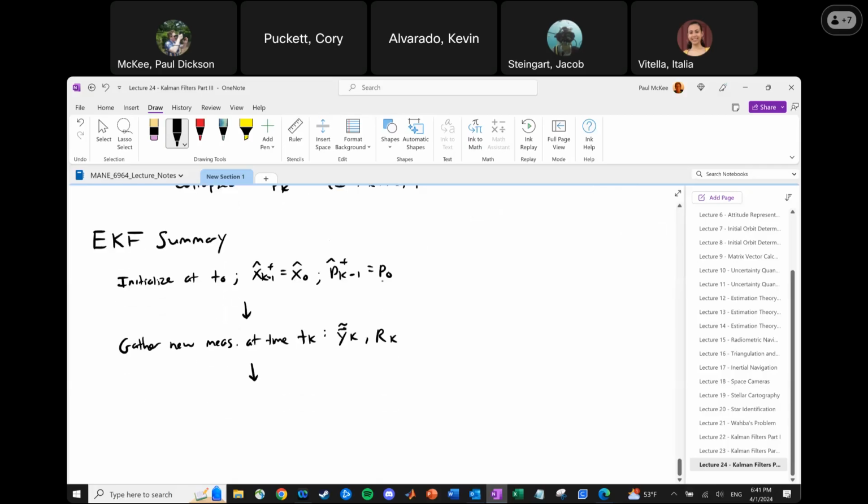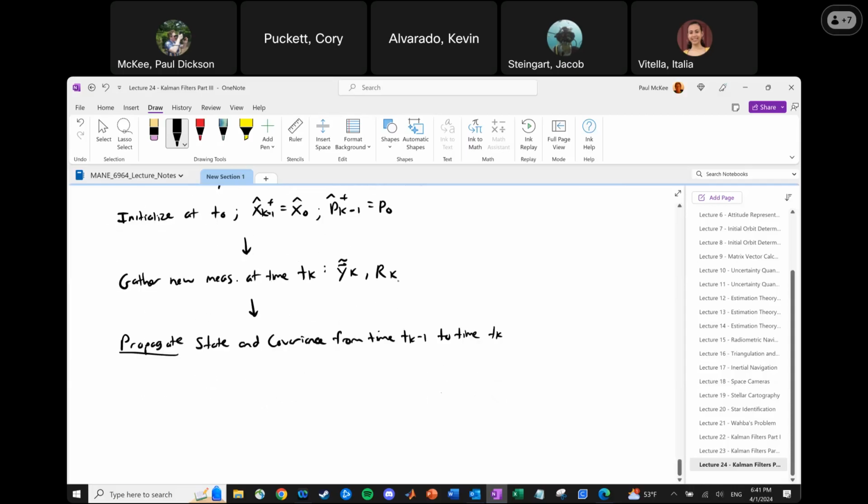And then we propagate the state and covariance from time tk minus 1 to time tk. All right, so what does that look like?